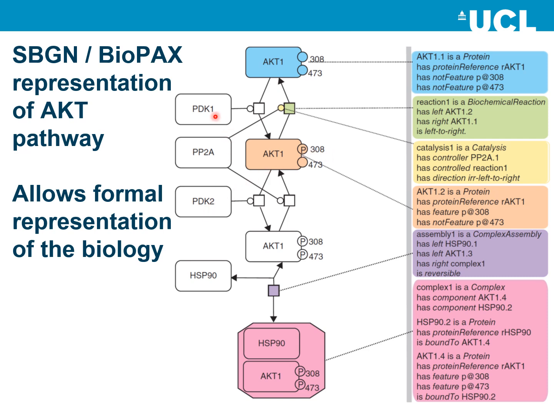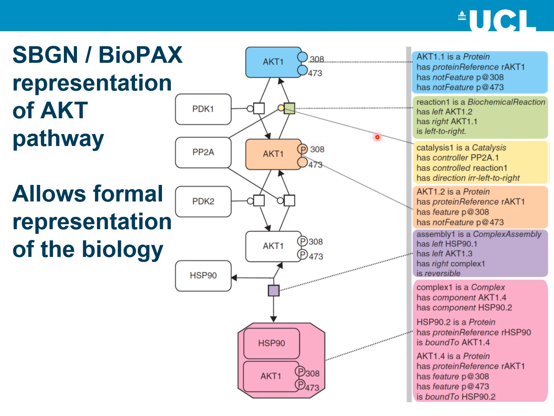This is a second enzyme that phosphorylates it to a double phosphate, whereupon it joins together with HSP90. PP2A is another enzyme which dephosphorylates this, and it also dephosphorylates this one.